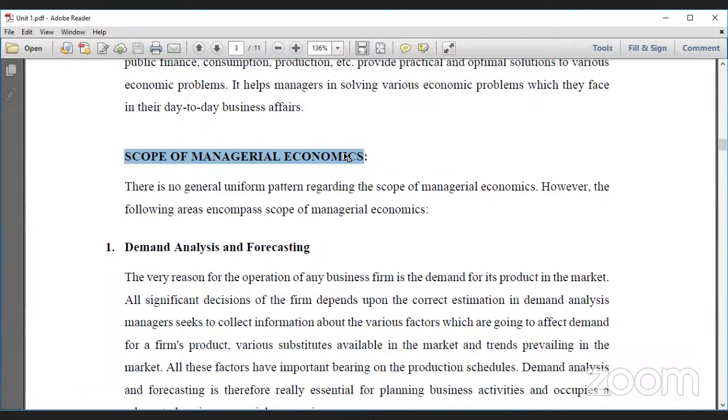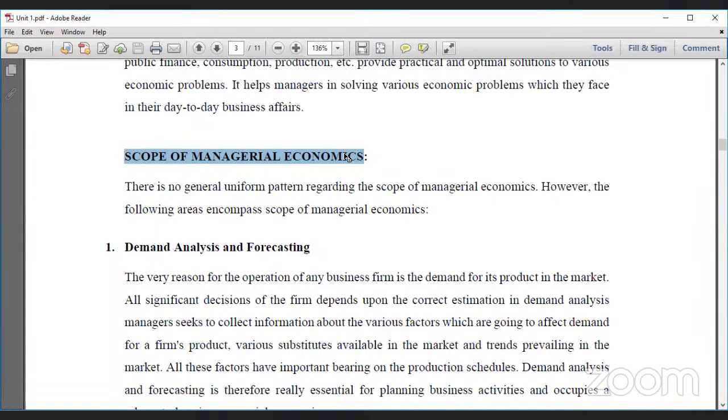But now, as we have already discussed the second, third, fourth and fifth units, we have come across the major topics like demand, elasticity of demand, supply, elasticity of supply, indifference curve, consumer equilibrium, producer equilibrium, production function, cost function, market analysis, break-even analysis, profit theories. All are the scope of managerial economics. So whatever you want to write, you can write.